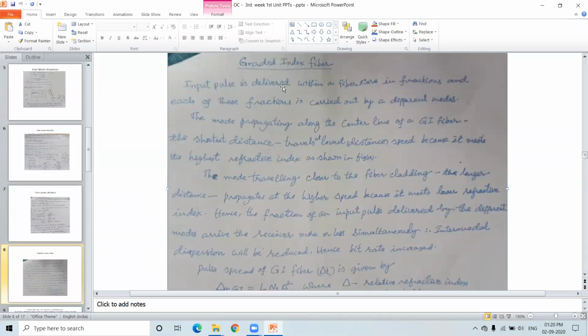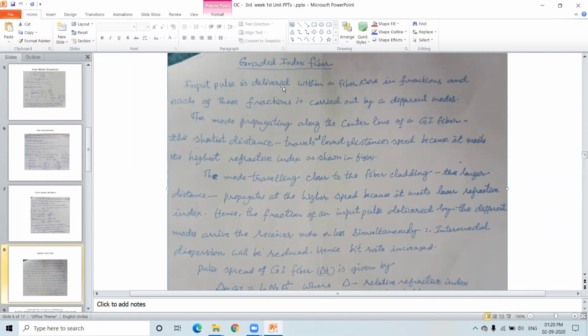Therefore, it is difficult, but nowadays the technology is so developed that it is possible to fabricate such different refractive index layers inside the core region itself.